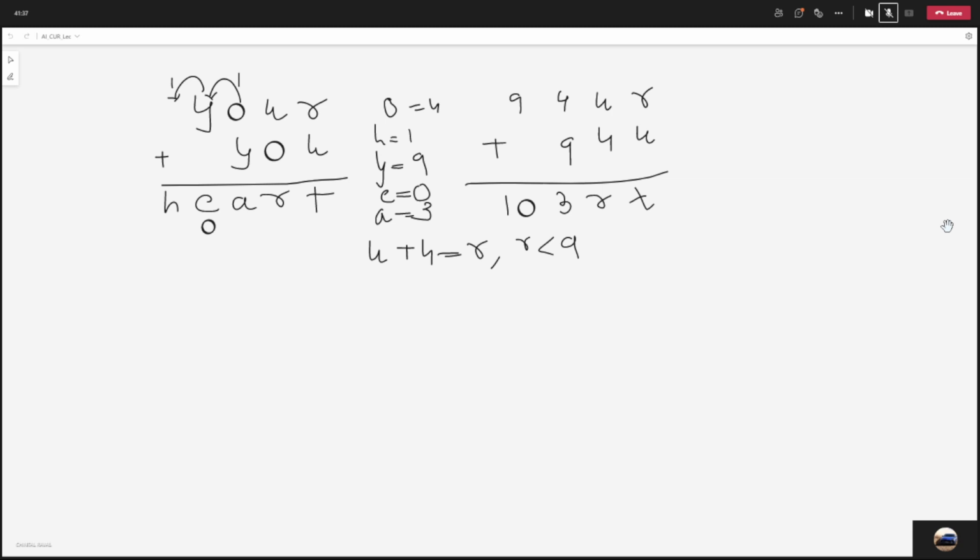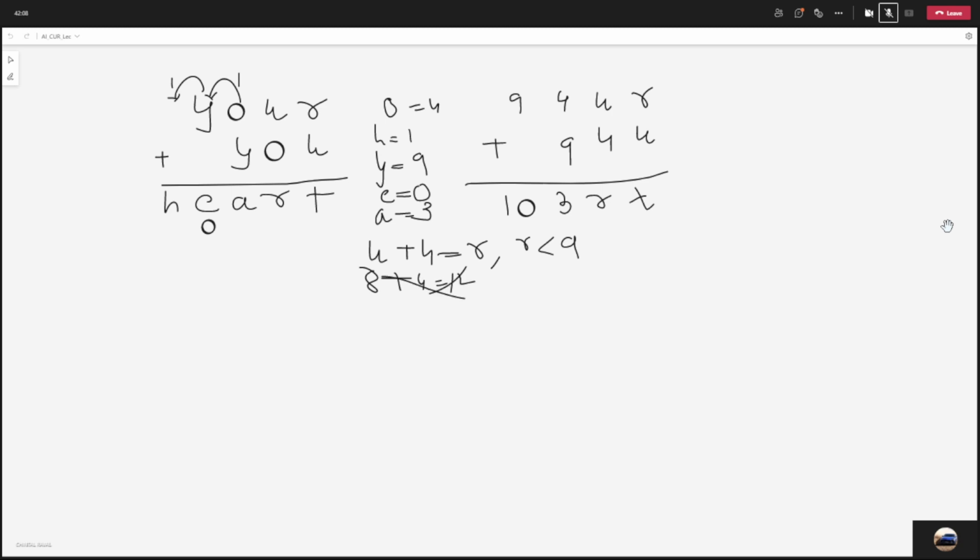and r is less than 9. Why I showed you the example of whether there is going to be a carryover or not is because I just want to make sure whether the value of r is greater than 10 or less than 10. And now I am sure that the value of r is less than 9. So start with trial and error. What if I substitute the value of u as 8? 8 plus 4, I get r equals 12.